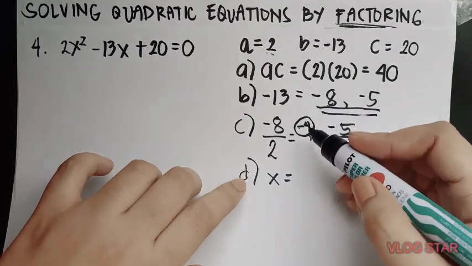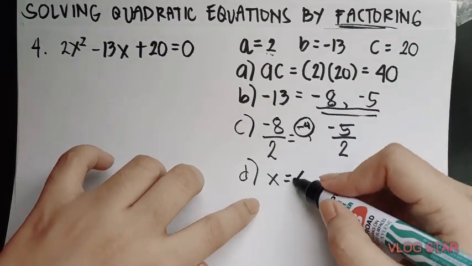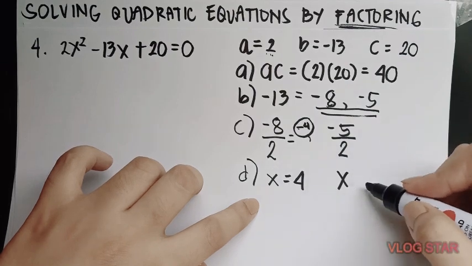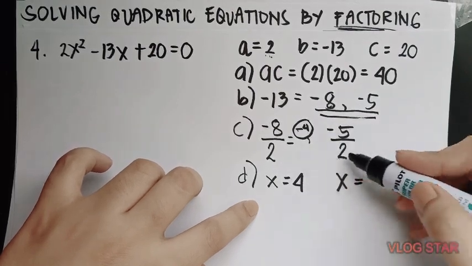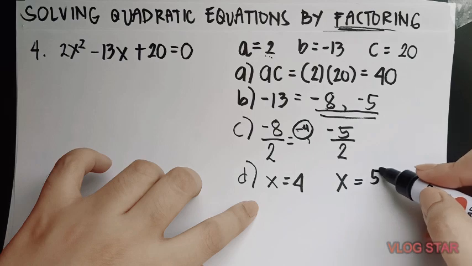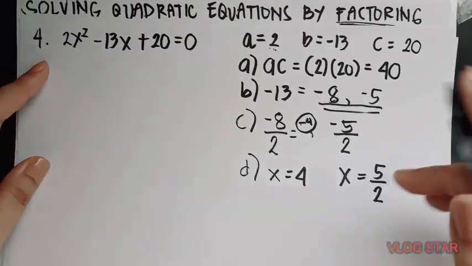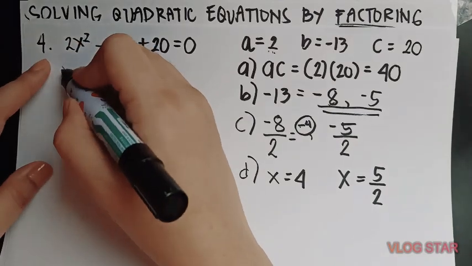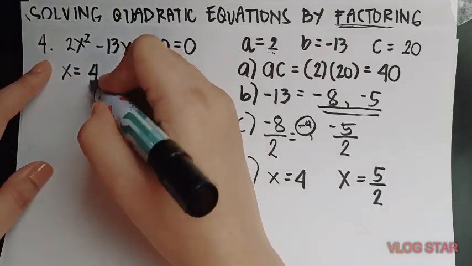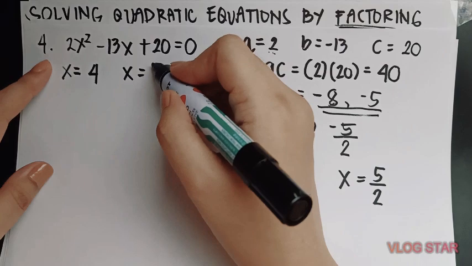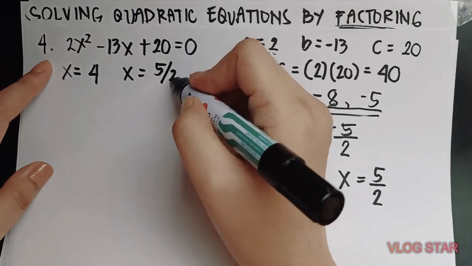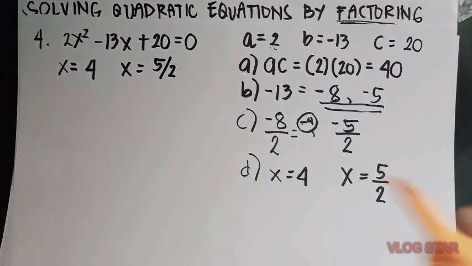So flip the sign of negative 4, therefore it's positive 4, and the other one, since it's negative 5 halves, flip the sign, so we're going to have positive 5 halves. Therefore, the solutions that we are looking for are positive 4 and positive 5 halves.